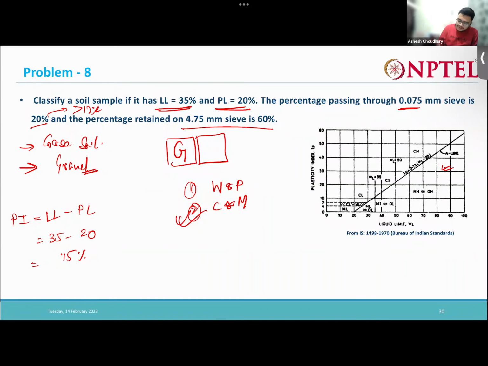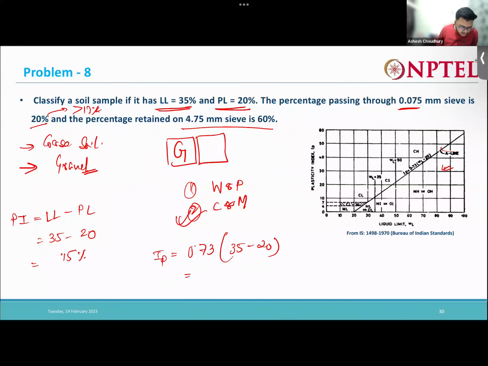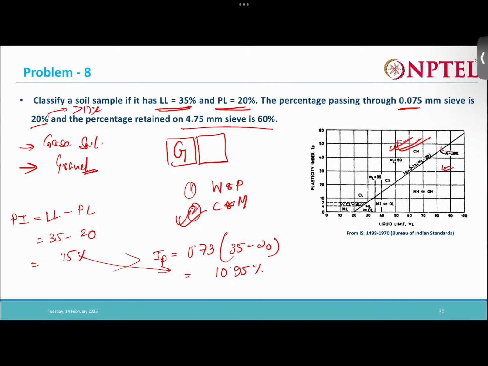Now let us find it from the A line equation, 0.73 times (35 minus 20), how much? 10.95. So it's plotting above the A line, right? 15% is greater than 10.95, right?